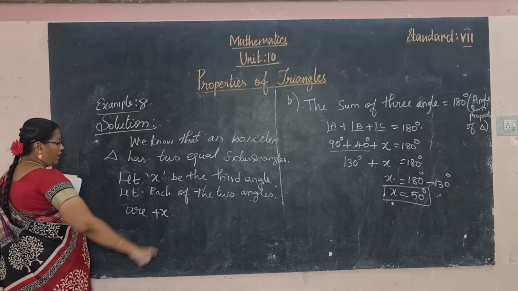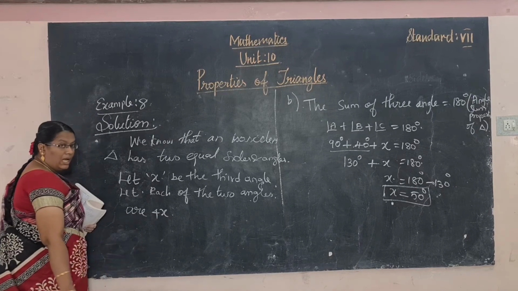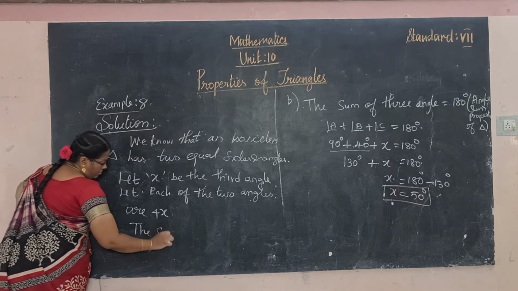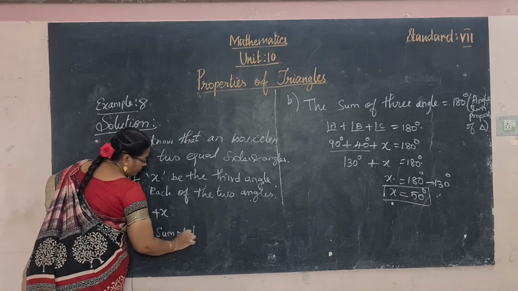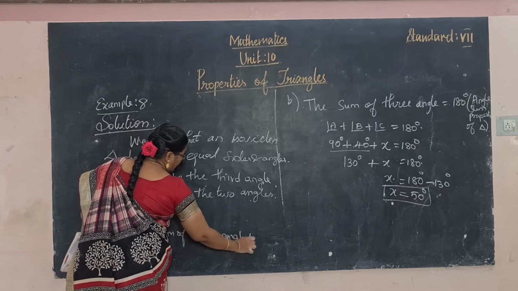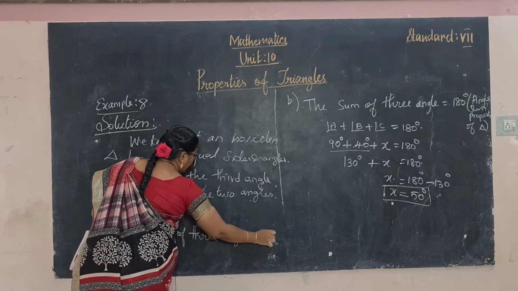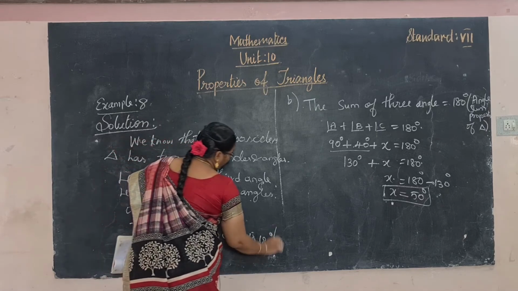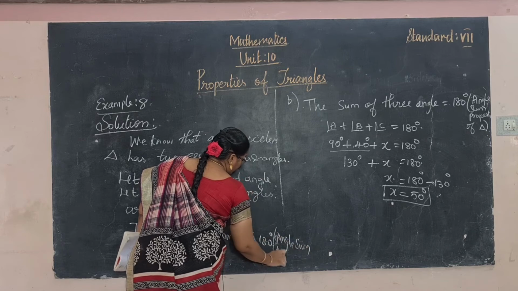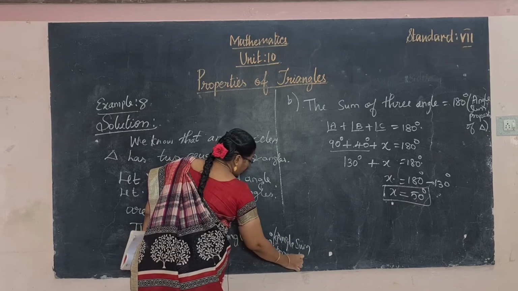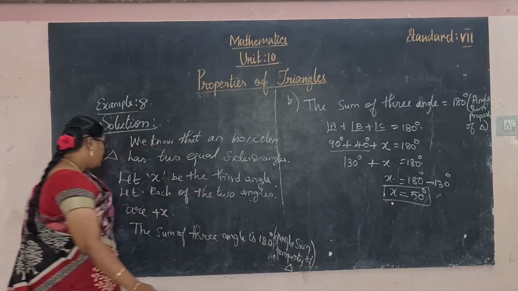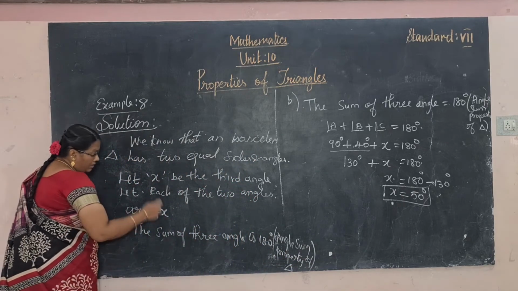Okay, so 4x. Now we use the angle sum property. The sum of three angles is 180 degrees. Here write angle sum property of triangle. So add these 3 angles.